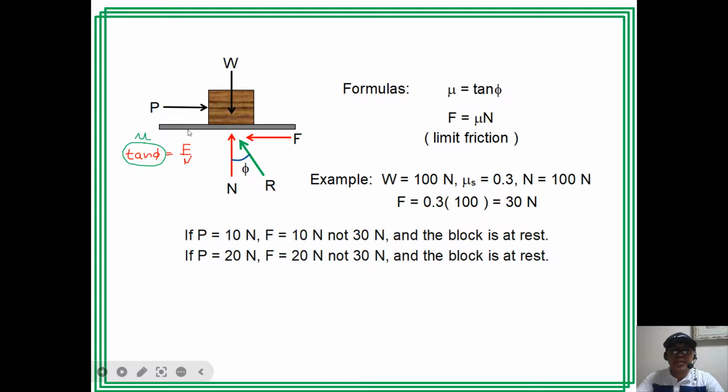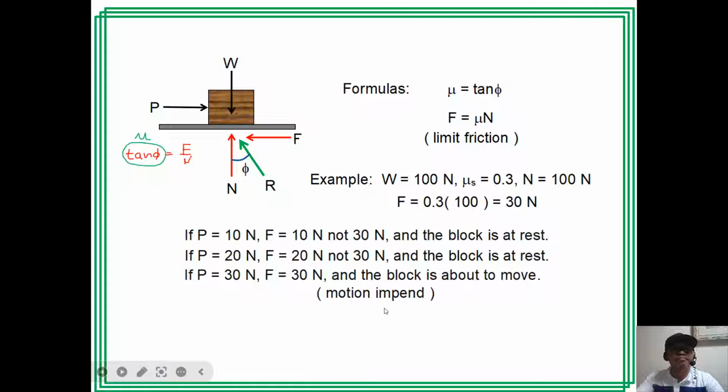If P is 20, F is also 20, not 30, and the block is still at rest. How about if P is 30? If P is 30, F is equal to 30. And the block is still not moving, but this is about to move, or shall we say, motion is impending.